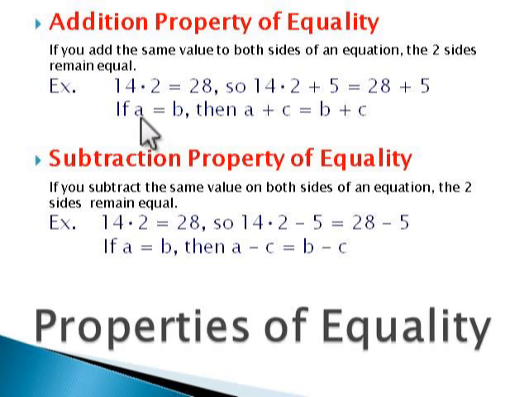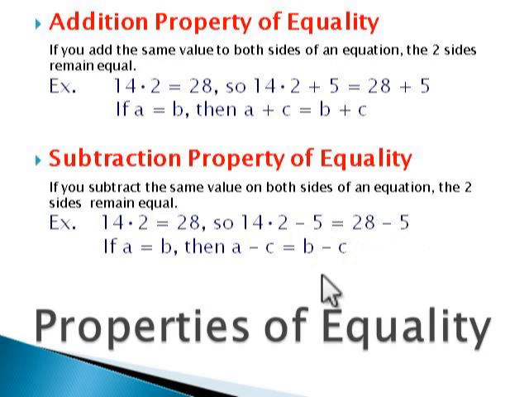If any number a is equal to any number b, and we add a value of c to each side of the equation, they'll still be equal. It'll still show equality. The same is true for the property of subtraction. If you subtract the same value from each side, then it will still be equal.